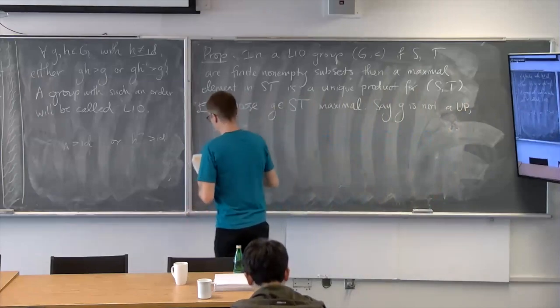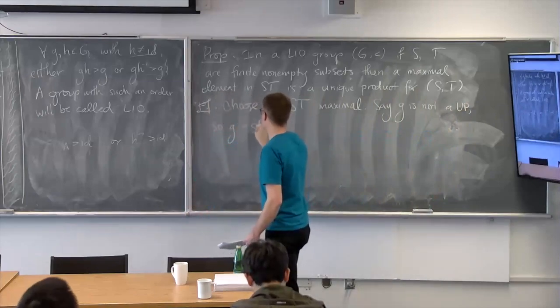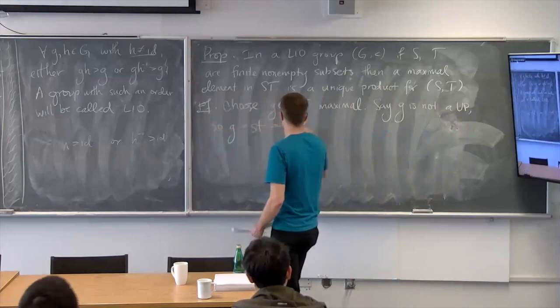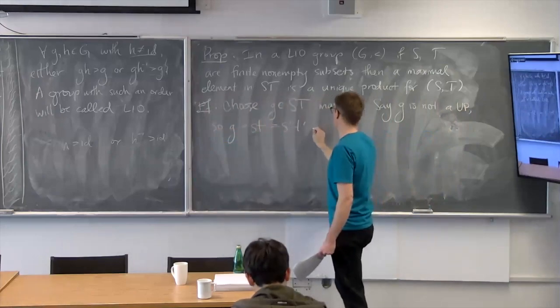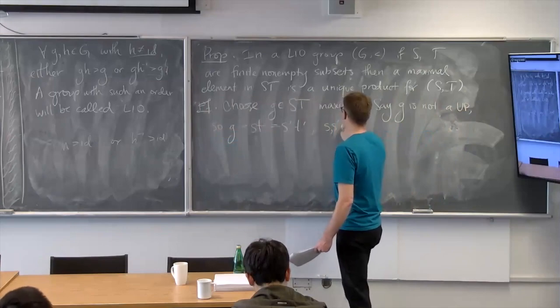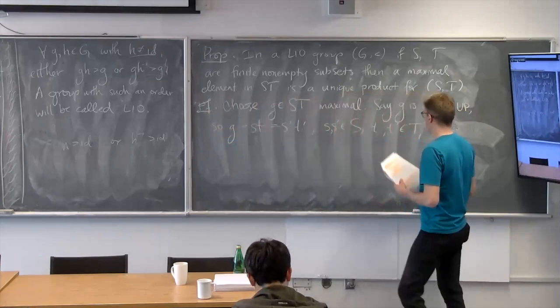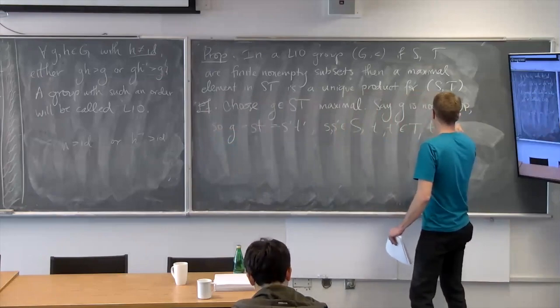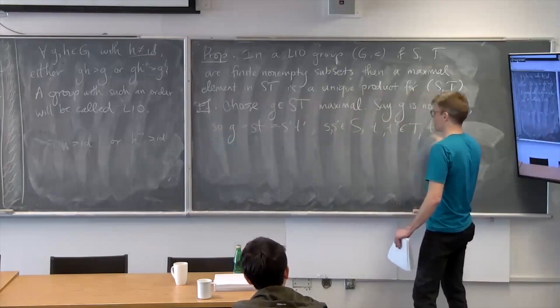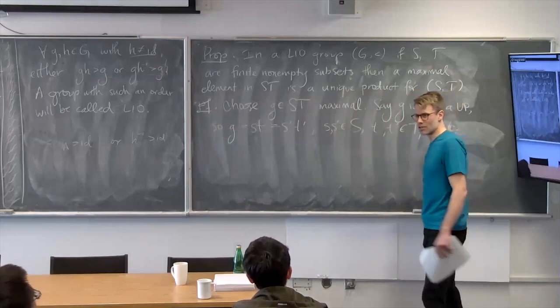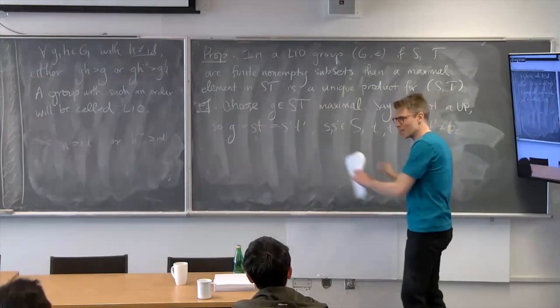So g equals st, which is s prime t prime, where the s's come from S, the t's come from T, and we can assume that t prime is not equal to t, right? Because if t prime and t were equal, then it would force the equality of the others, and we wouldn't be saying anything sensible.